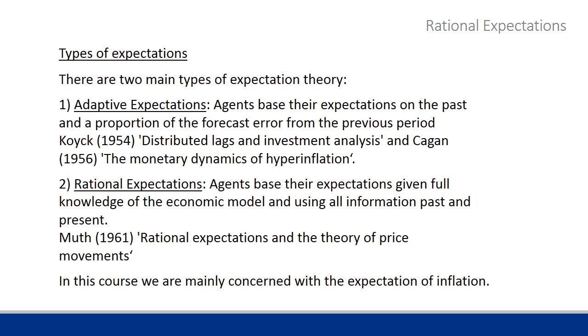Agents use all information of the economic model they're in: past information as in adaptive expectations, current information and future information. So things like policy announcements are all included in the information set for the agent when they form rational expectations. And in this course, we're going to be mainly concerning ourselves with the expectation of inflation, as it's a monetary course.